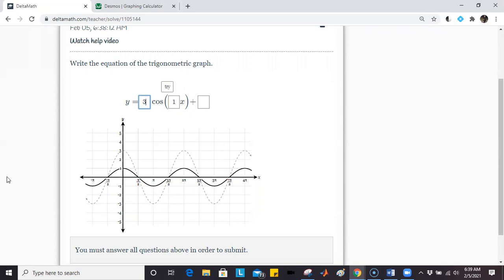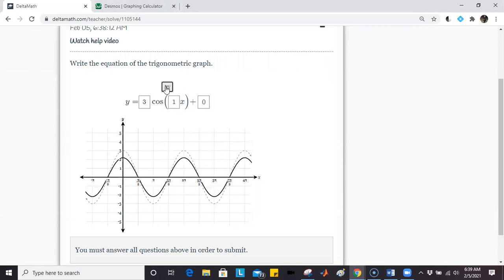So our amplitude is 3, which puts our midline still at 0, right? Because our amplitude is 3, from 0 and down, our midline should be at 0.